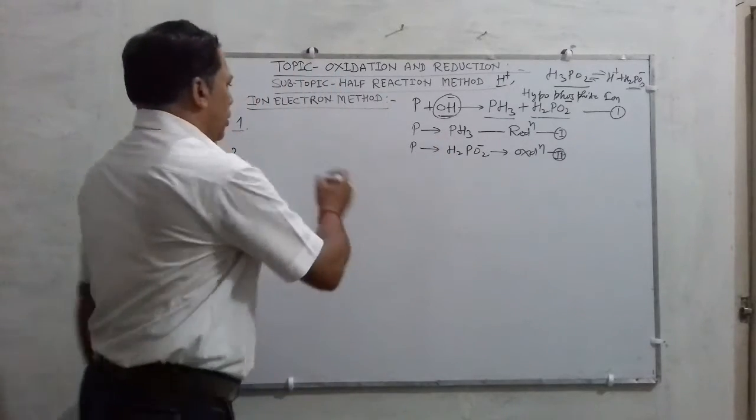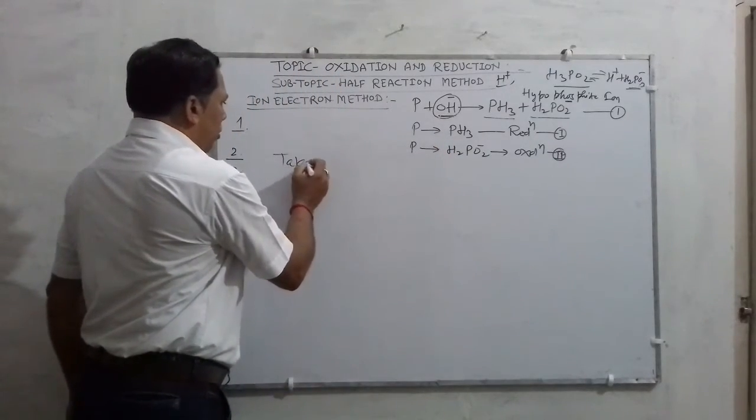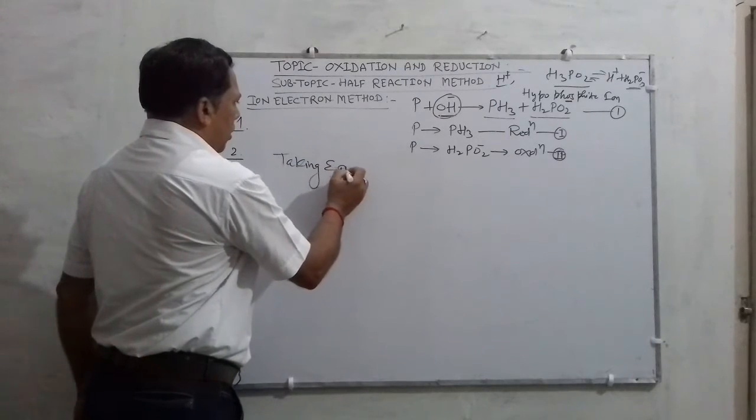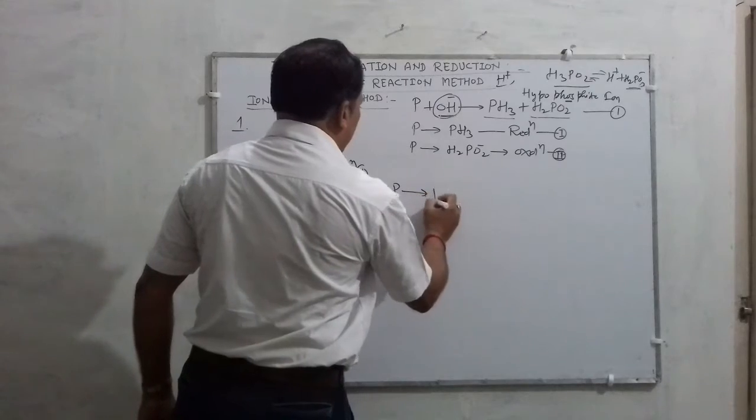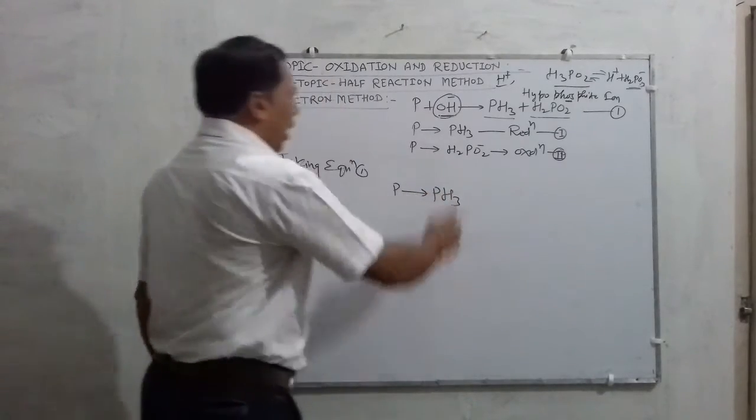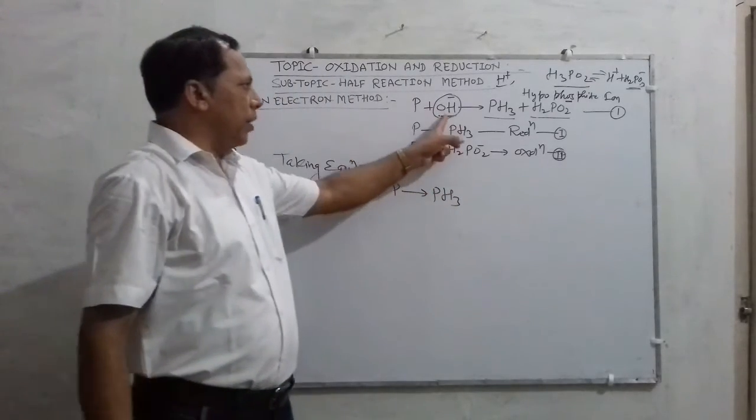Taking equation 1, go according to the rules. Suppose P is changing into PH3 and the reaction is proceeding in basic medium.